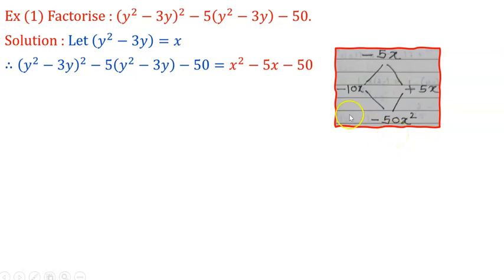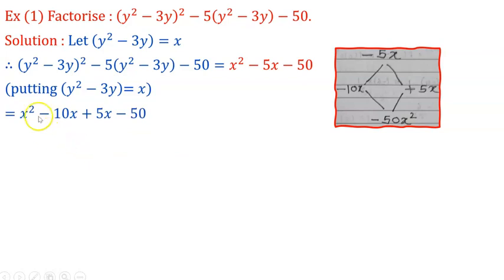And hence the two numbers are minus 10x and plus 5x, whose algebraic sum is minus 5x and their product is minus 50x square. And hence we will replace minus 5x by minus 10x plus 5x. See this here. Therefore x square minus 5x minus 50 can be written as x square minus 10x plus 5x minus 50.